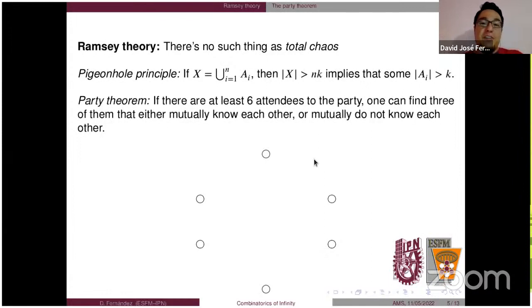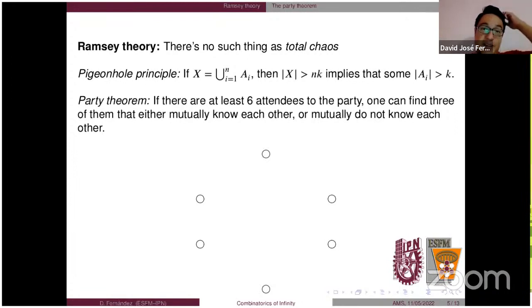So the theorem is saying that you can find 3 vertices such that all edges between them are of the same type: either all of them correspond to people who know each other, or all of them correspond to people who don't know each other. So it's not just finding a bunch of edges that have something in common. It's finding a few vertices such that all edges between them have that something in common. As such, that is a much stronger theorem than just the pigeonhole principle.